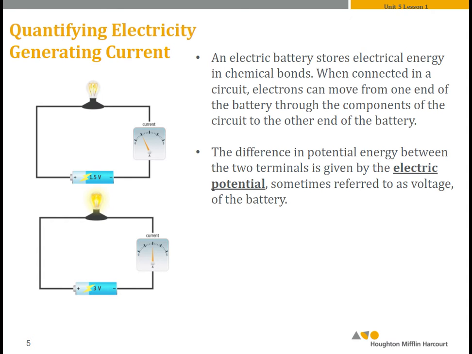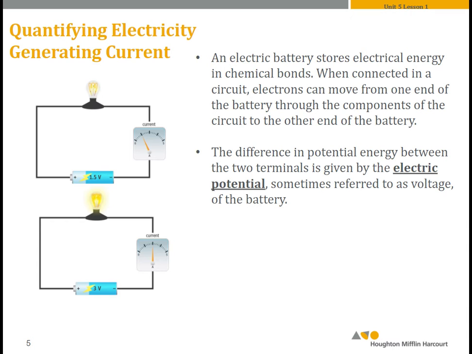If you roll a ball down a hill, the ball has a certain amount of potential energy at the top of the hill, and then at the bottom of the hill, it has less potential energy. We have the same sort of situation with a battery.